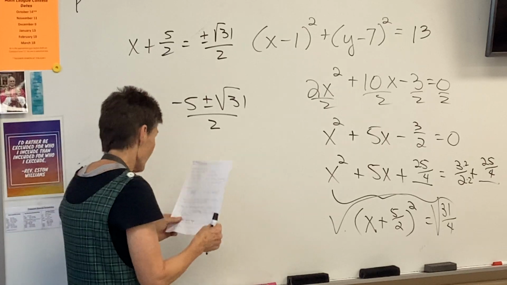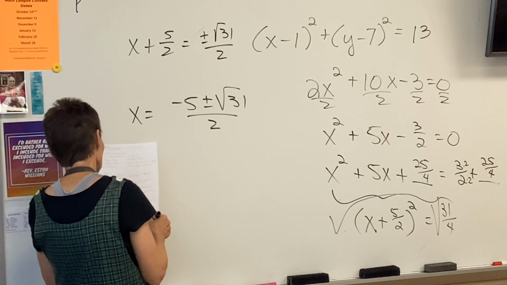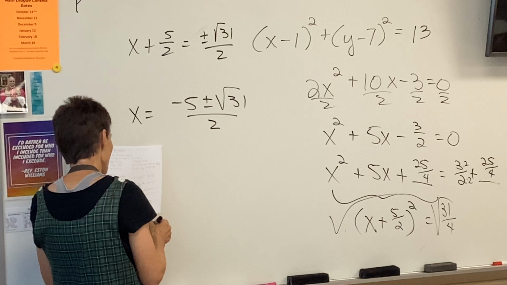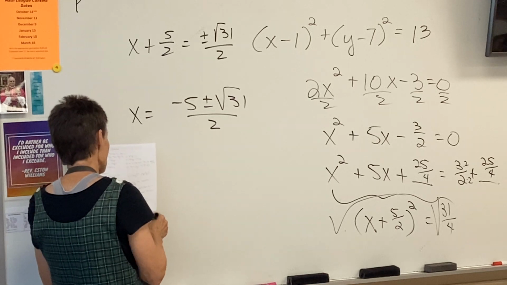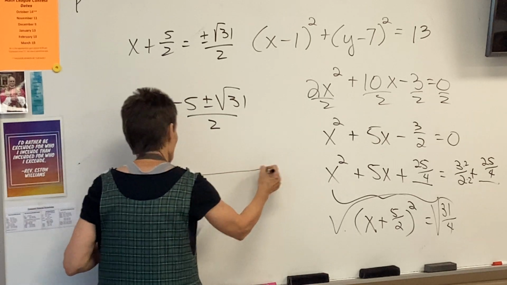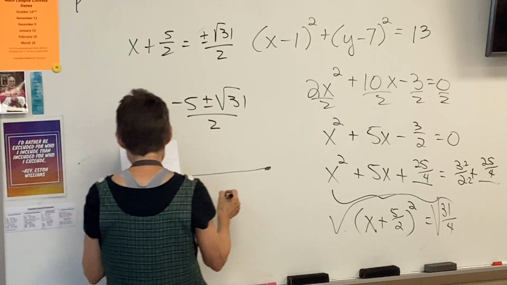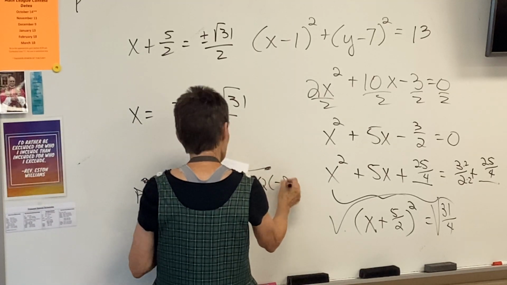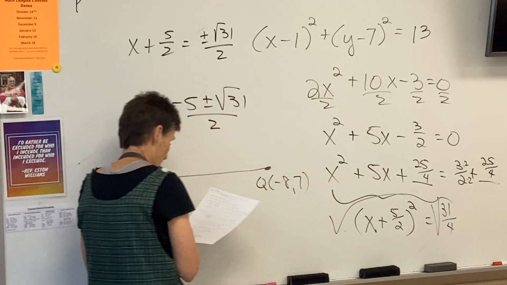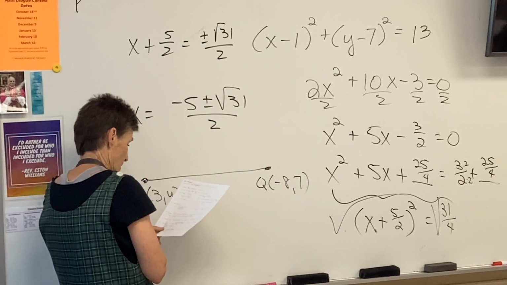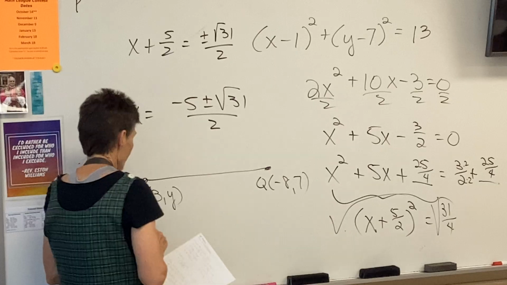Number 5. Find y if the slope of PQ is -7/5 and P is (3, y) and Q is (-8, 7). Okay.